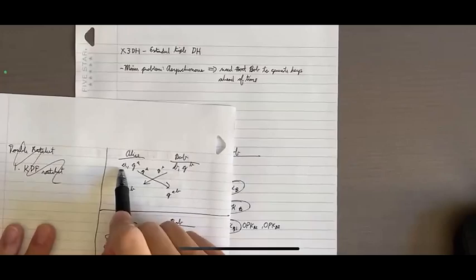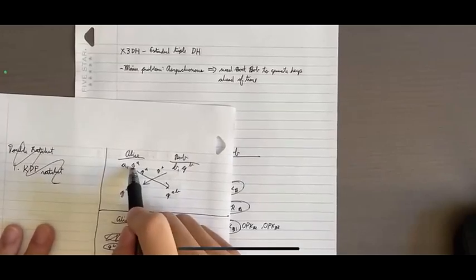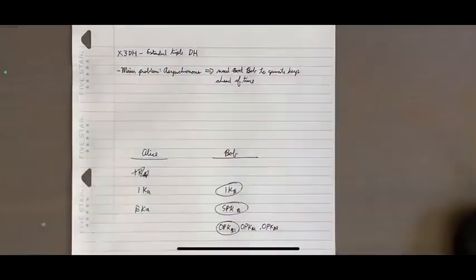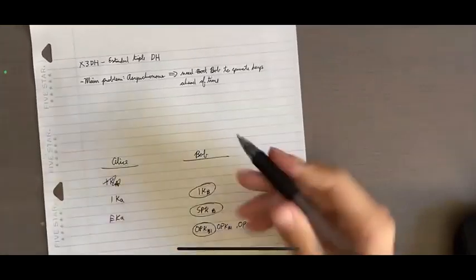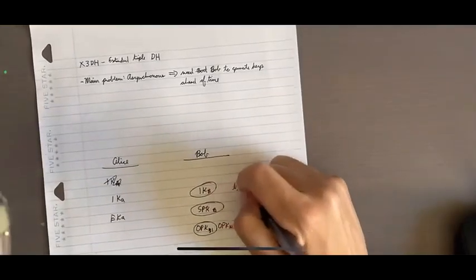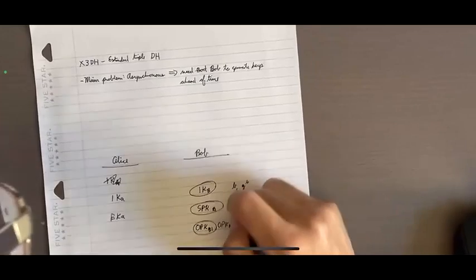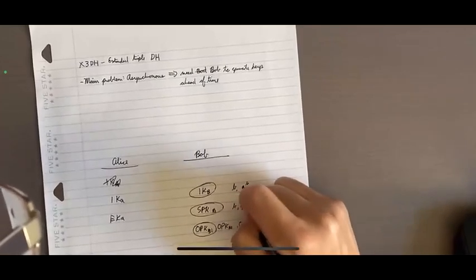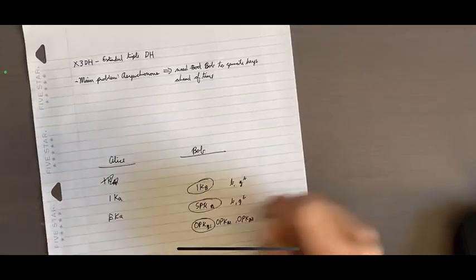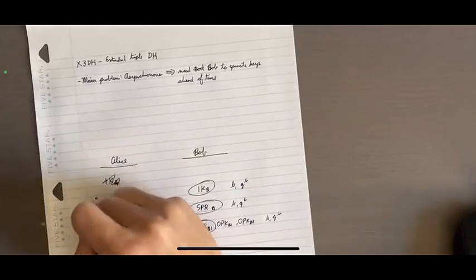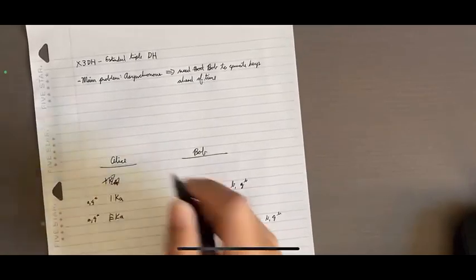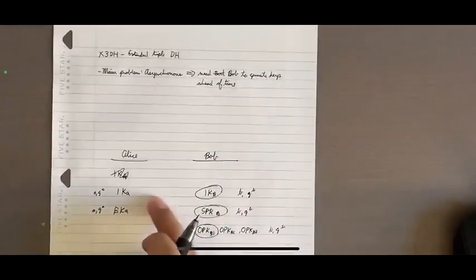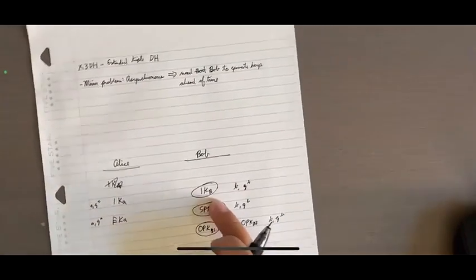We can say A is Alice's private key and G to the A is Alice's public key. So the key here is that all of these are really just B, G to the B pairs, or A, G to the A pairs. So we can do Diffie-Hellmans across any pairs of keys that we want.